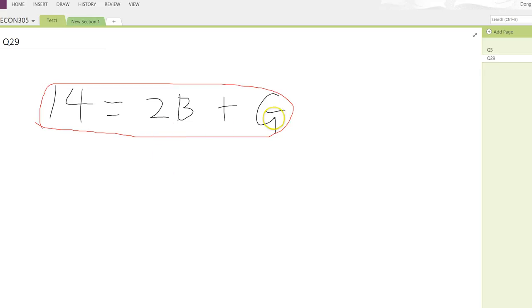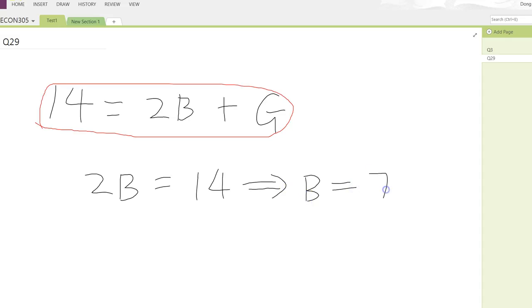When G equals 0, the equation becomes 2B equals 14. Hence, B equals 7. And when B equals 0, the equation becomes G equals 14.